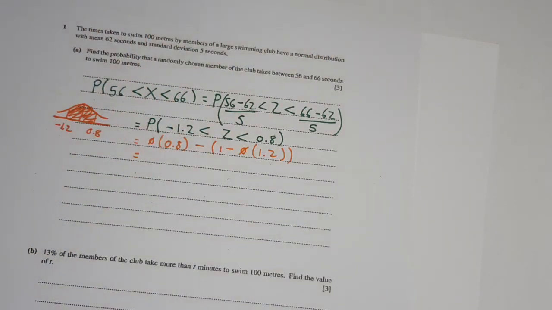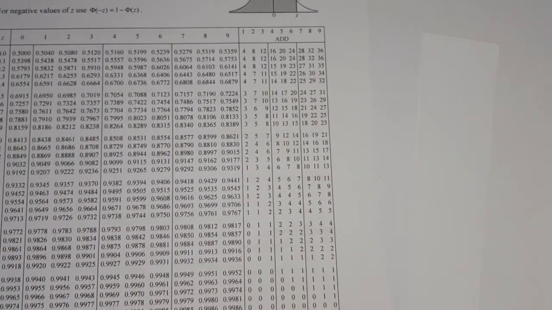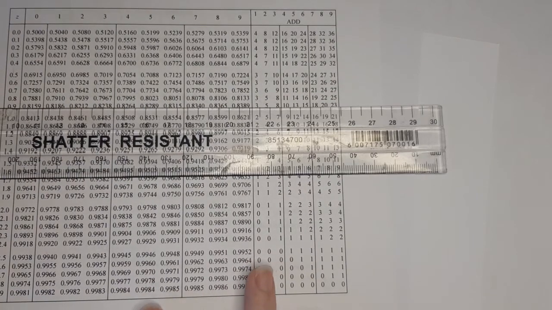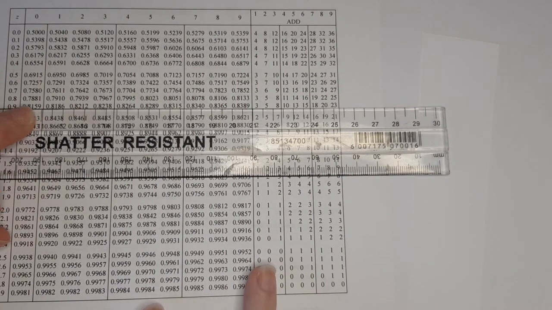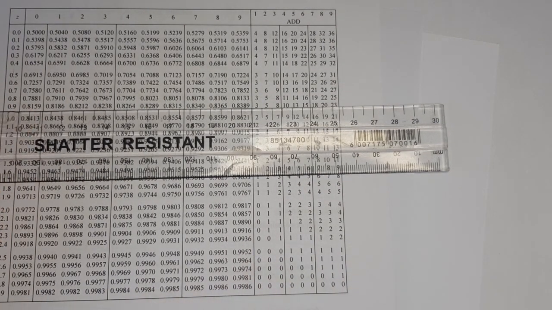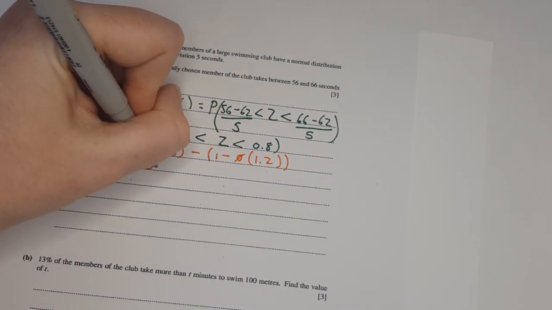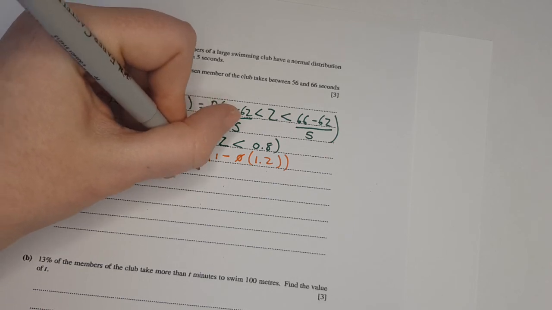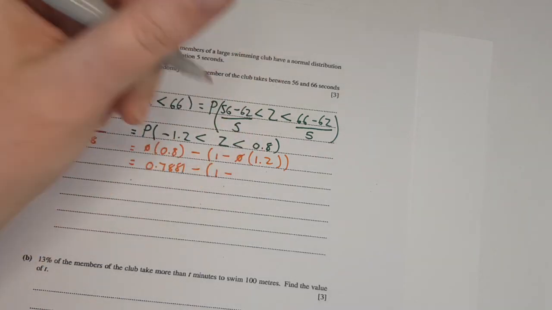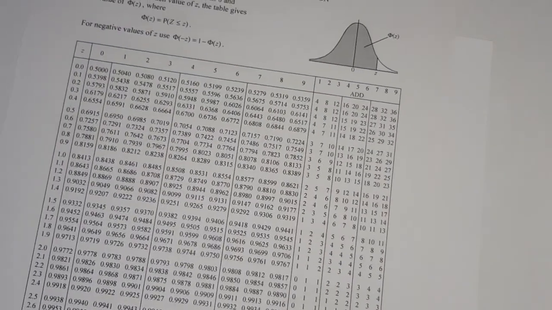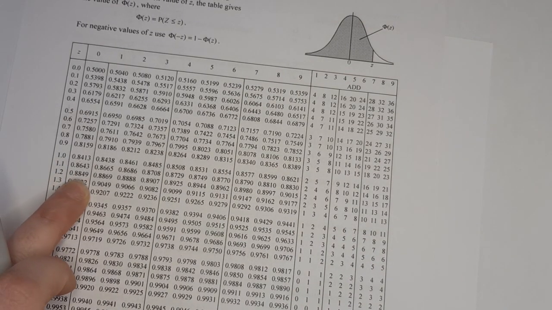So now I look up 0.8 on the table. So I find my 0.80 to get 0.7881 minus 1 minus my 1.2 on the table.